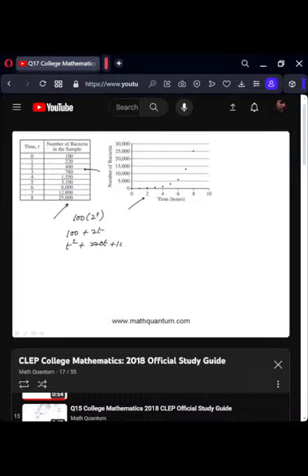I'll start with t equal to 0, and all these functions have to satisfy that. The number is 100, so 2 to the power of 0 is 1, so this is indeed 100. That's 100 as well. 0 is 0, that's 100.